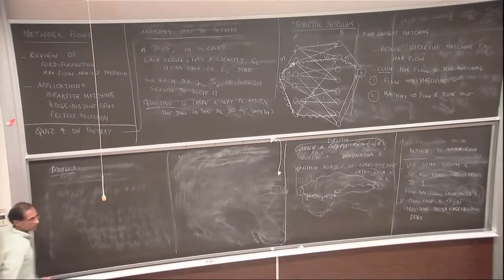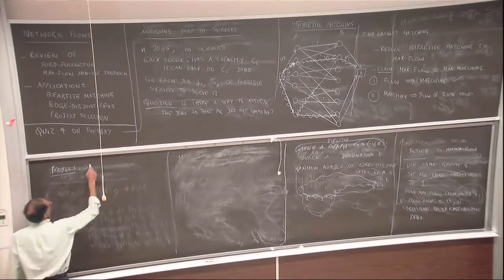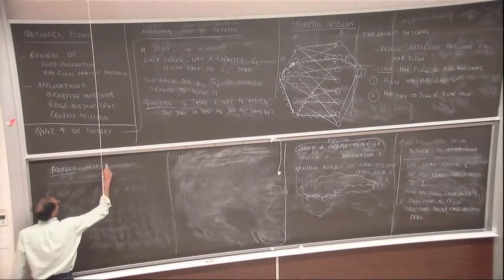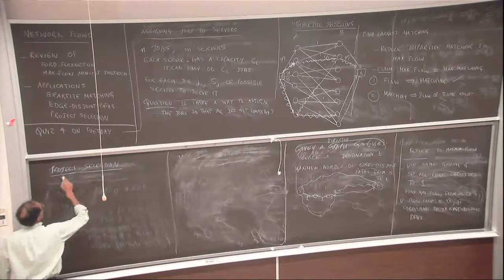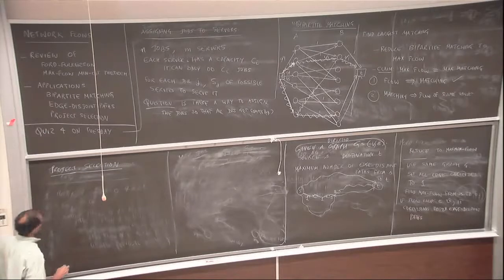Okay, so the problem is you are given a set of projects. And these projects have dependencies. These dependencies are captured in a DAG, a directed acyclic graph. Before you do this project, you must have done this project. Before you do this, you must have done these two, and so on.